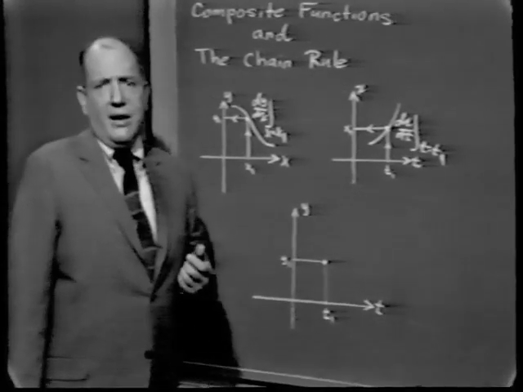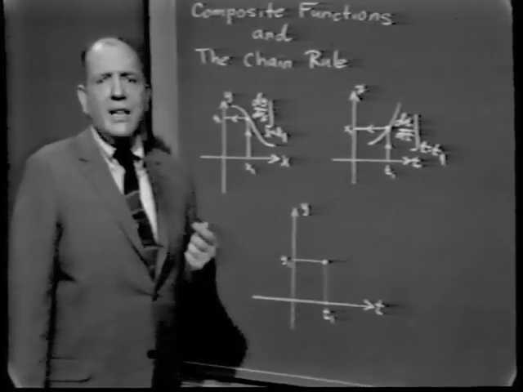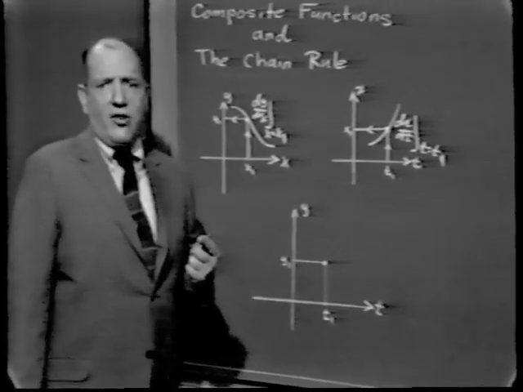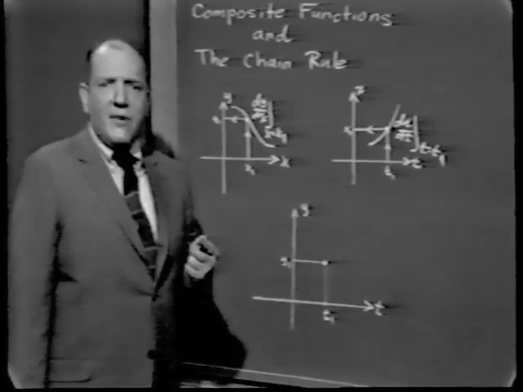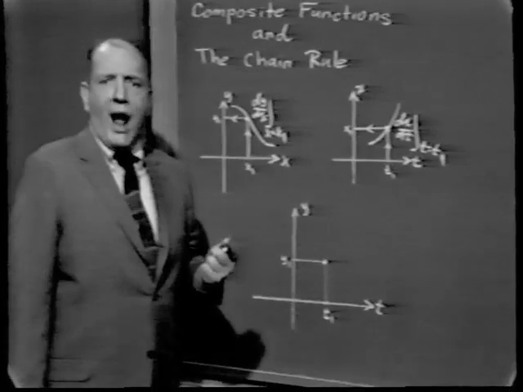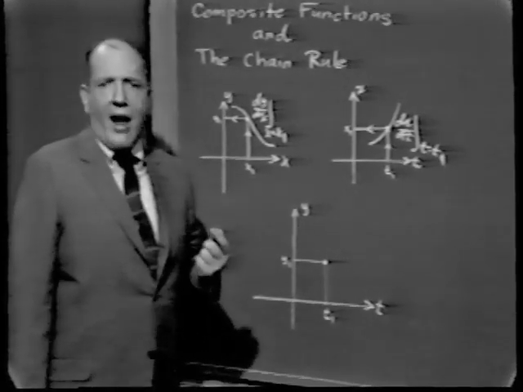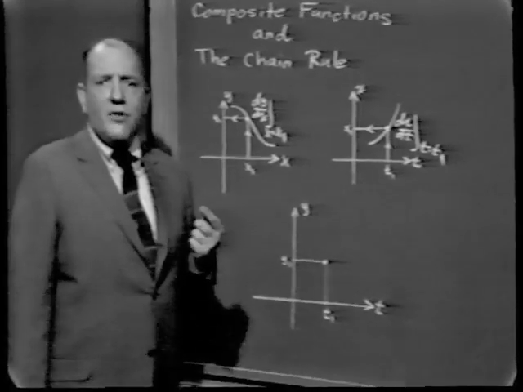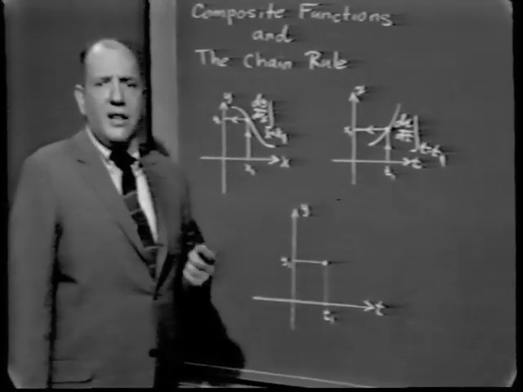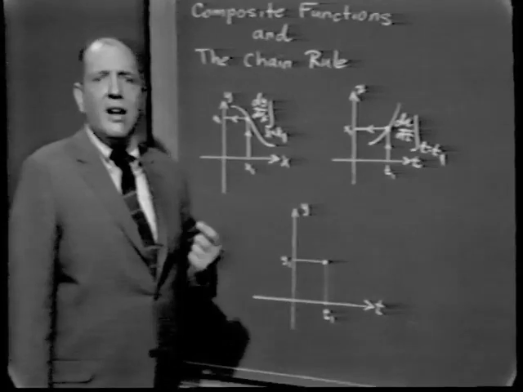That part is clear. The conjecture is that we suspect that if y is a differentiable function of x and x is a differentiable function of t, then y will be a differentiable function of t. In still other words, our suspicion is perhaps that a differentiable function of a differentiable function is again a differentiable function.